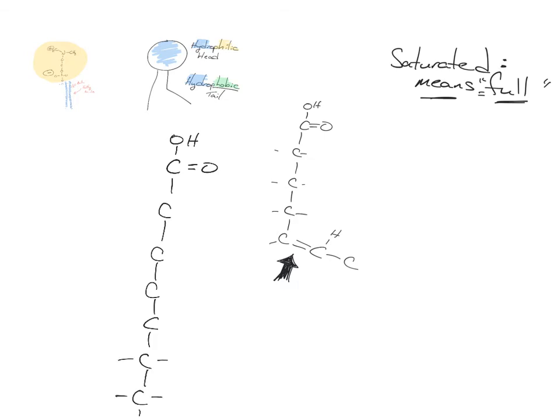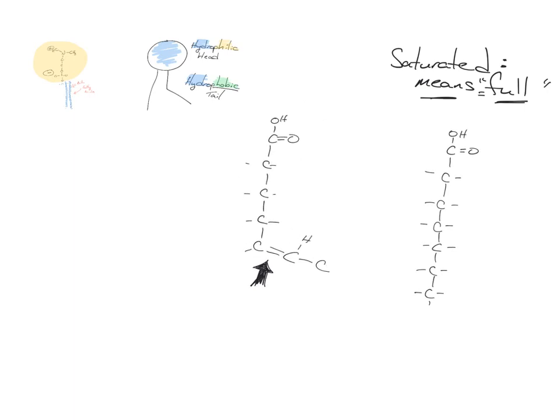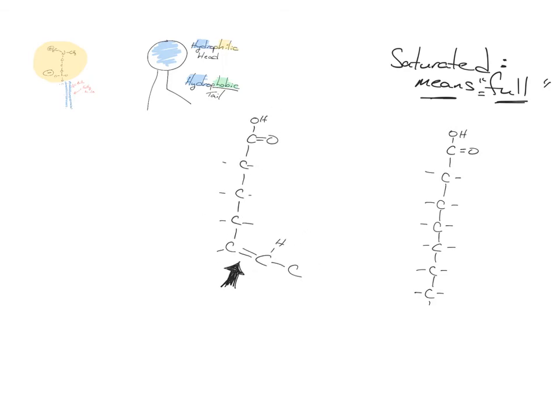All of the bonds have a hydrogen or a carbon on it. They have 4 individual bonds, except for the head, of course. So when you have a saturated fatty acid, it's a straight chain. When you have an unsaturated fatty acid, there's a slight bend to it. And there's implications there. There are consequences to that.